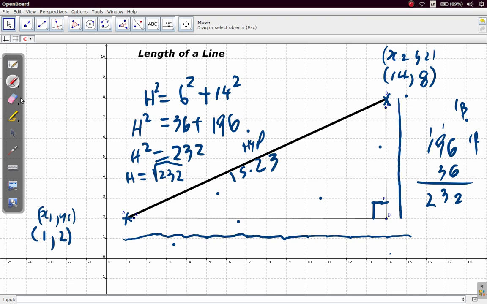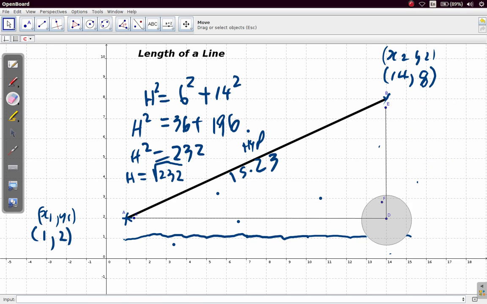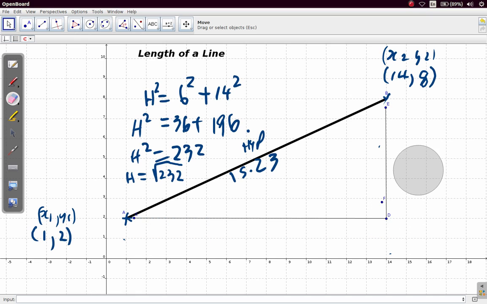Now, let's put our coordinates in the calculation, and see if we can come up with a formula for doing it. Here now, this height and this length are what we're going to look at. The length here was x1, and this lines up with our x2.